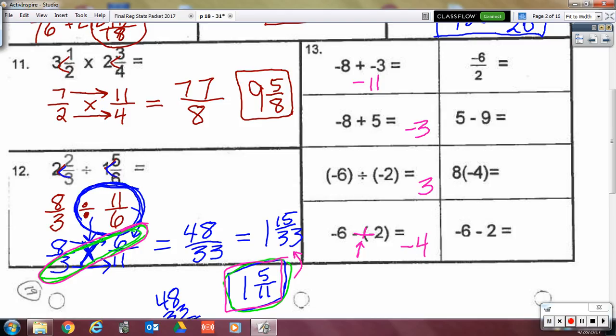Okay, now let's do this one. Up here in the top, -6 divided by 2 is -3. 5 minus 9, -4. 8 times -4 is -32. How about this? -6 minus 2, -8. All right.